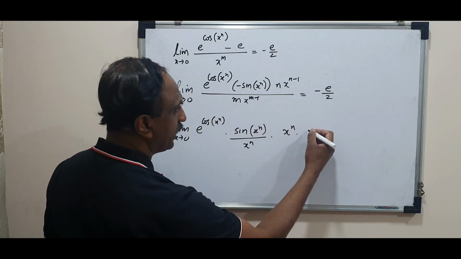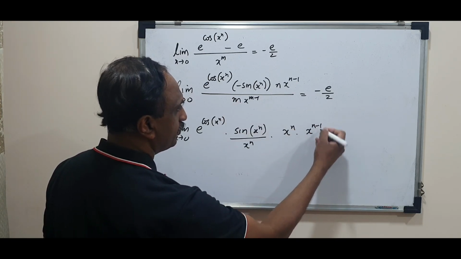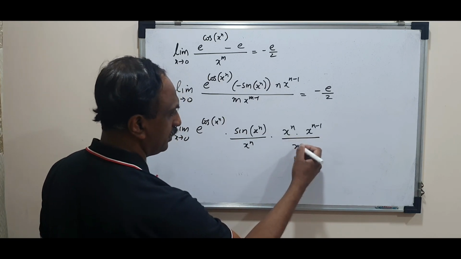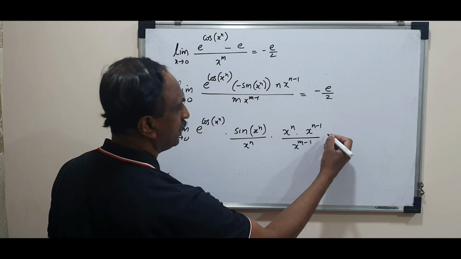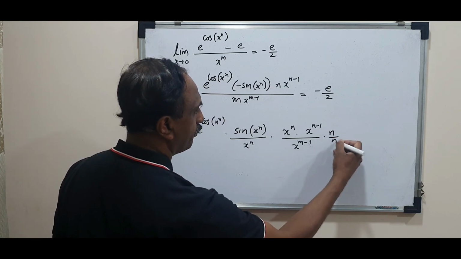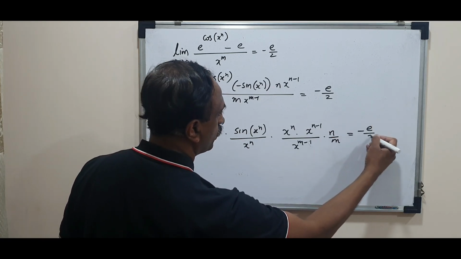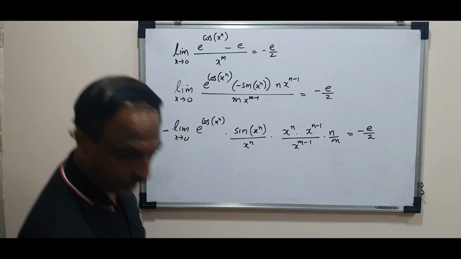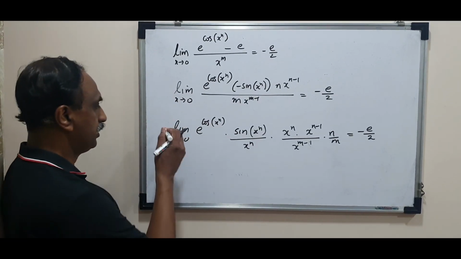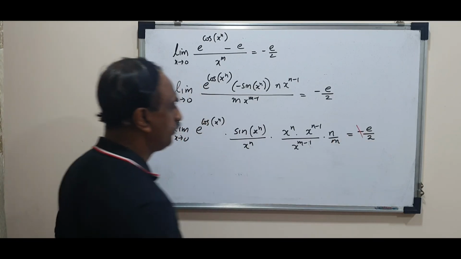So let me write that in the last. And I have n by m. This limit should be equal to e by 2. And this minus and this minus we can cancel off. Minus and minus will get cancelled off.